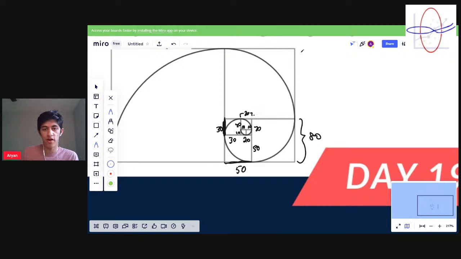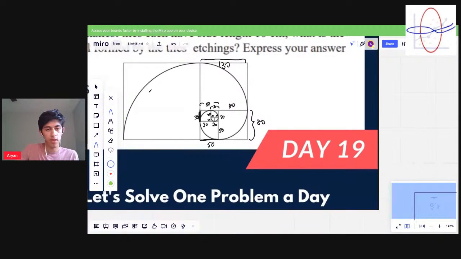For this side length, we take this 80 and add this 50, to get 130. And lastly, our biggest piece is just 130 plus 80, which is 210.